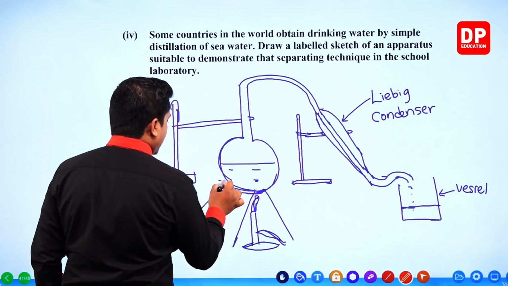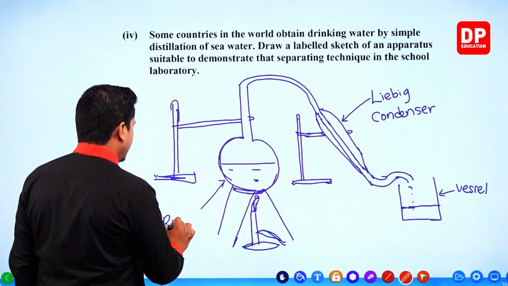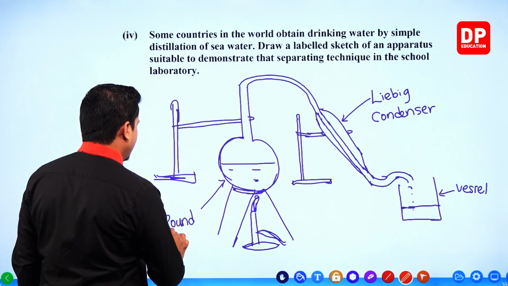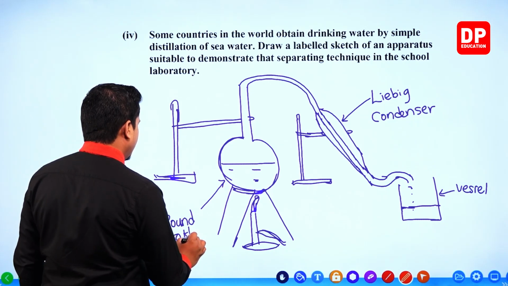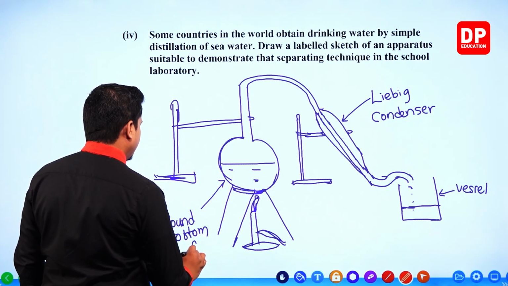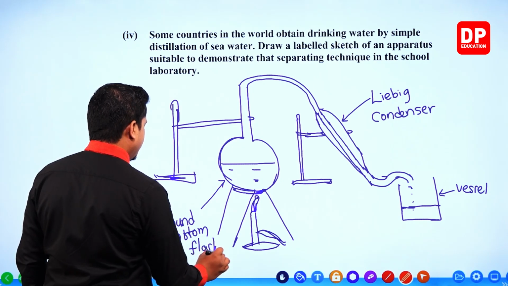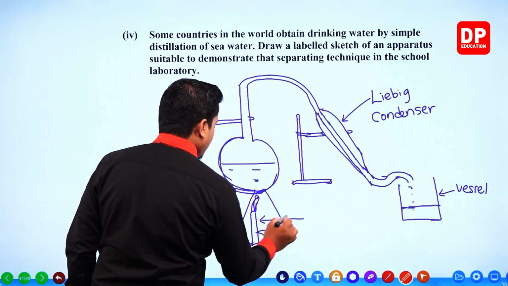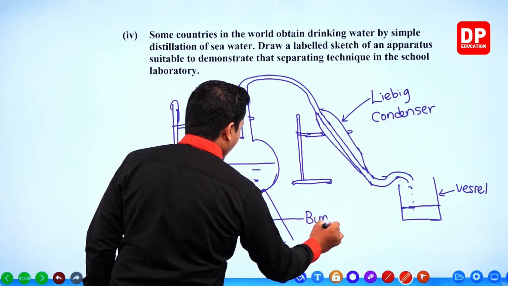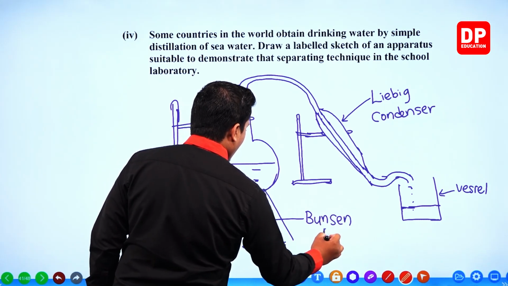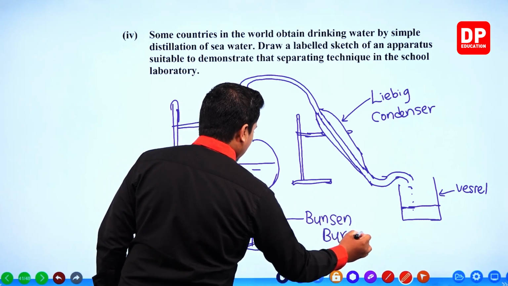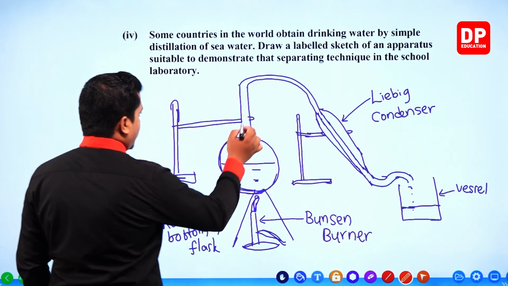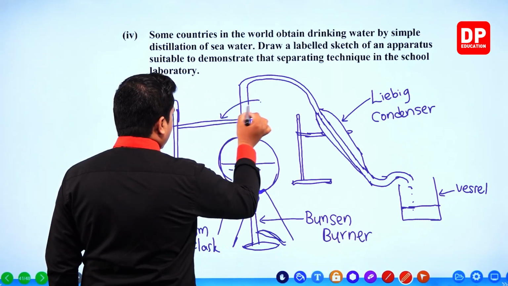So flask, round bottom flask. Bunsen burner. Then these are the stands.